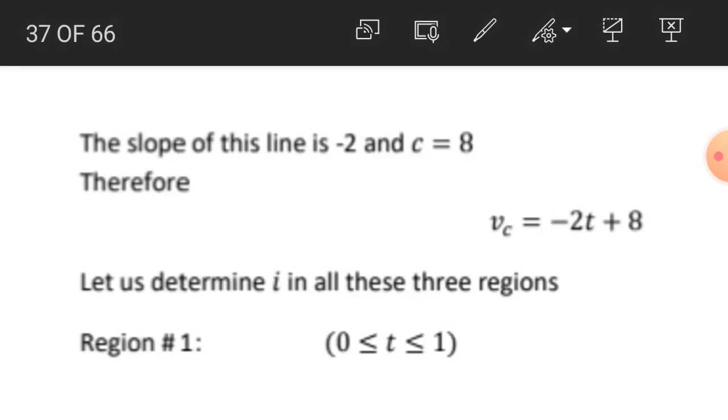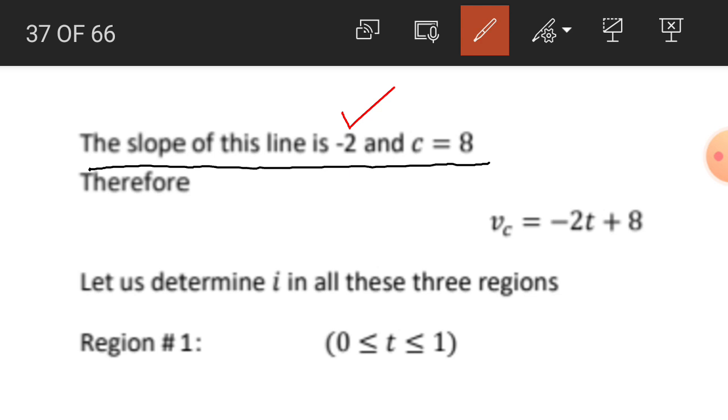So we have calculated the slope of the straight line in region number 3, which is minus 2, and the y-intercept is 8. So the equation for the voltage across the capacitor in this particular region is minus 2t plus 8.